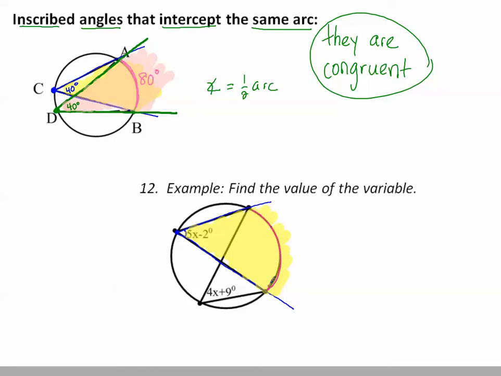That part of the circle. Well, here's another inscribed angle. Notice that it's hitting at exactly those two same endpoints. So I know this angle has to be congruent to this angle, and I go from there. 5x minus 2 has to equal 4x plus 9, and then we solve, subtracting the x's and adding that.